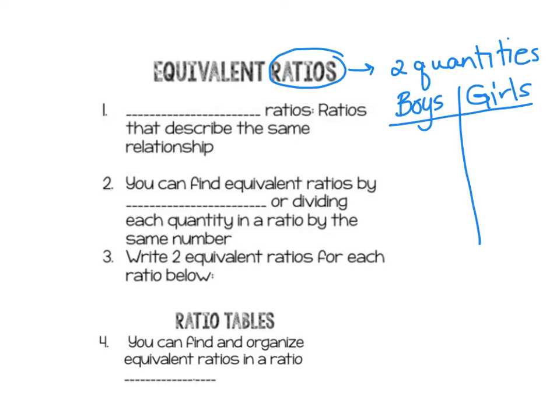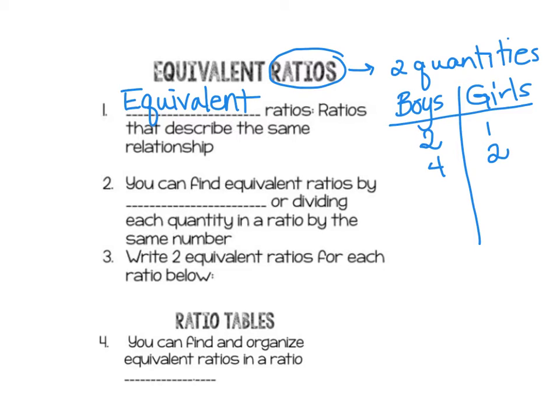And when we talk about equivalent ratios, we talk about ratios that describe the same relationship. So if we have a 2-to-1 ratio of boys to girls, that is also equal to a 4-to-2 ratio.